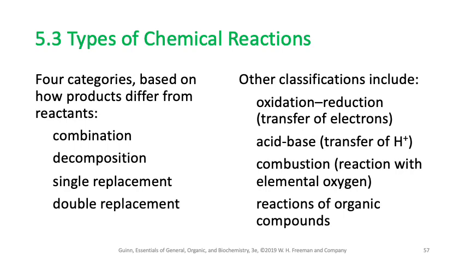The first one is combination reaction, the second one is decomposition, the third one is single replacement, or you can also call it single displacement, and the fourth is double replacement, or you can say double displacement.